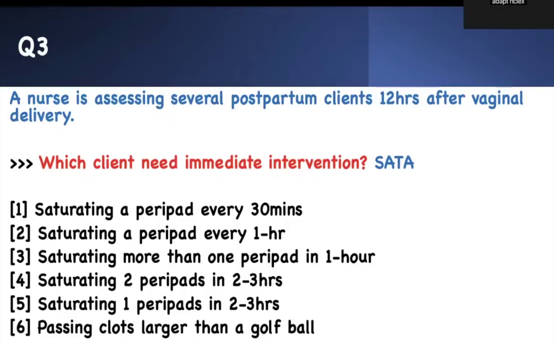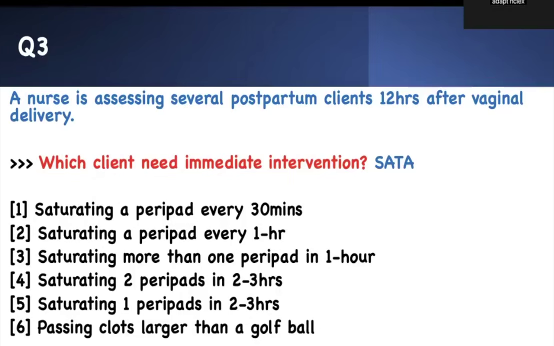If you are saturating a peripad every 30 minutes, should you be worried? 12 hours. Saturating a peripad every hour, should you be worried? Saturating more than 1 peripad in an hour, saturating 2 peripads in 2 to 3 hours, saturating 1 peripad in 2 to 3 hours, passing a clot larger than a golf ball.